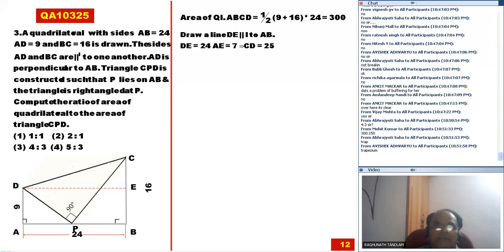AD is parallel to BC. AB is 24. CD is 25. Therefore, in triangle APD we get DP square equals 81 plus AP square. Are we clear?